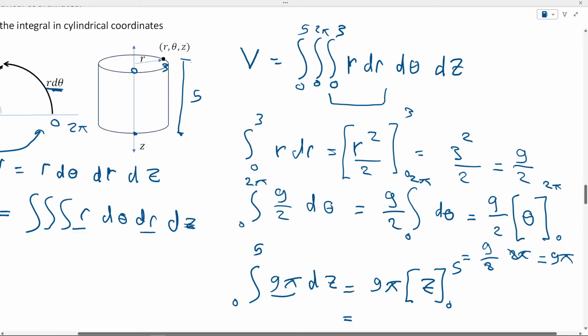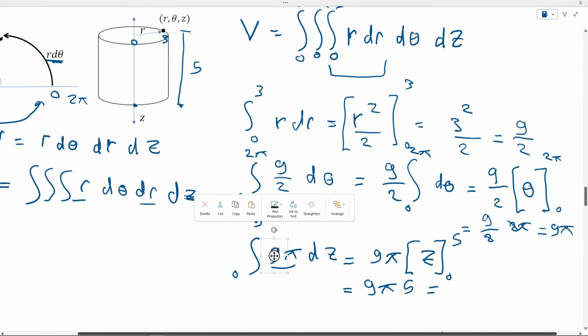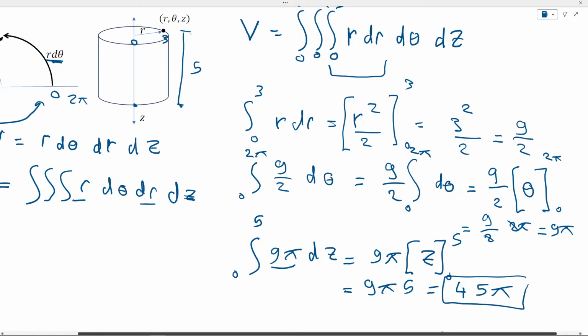So that's 9 pi times 5, which gives me 45 pi. Okay, so basically that's the solution. This volume is equal to 45 pi.